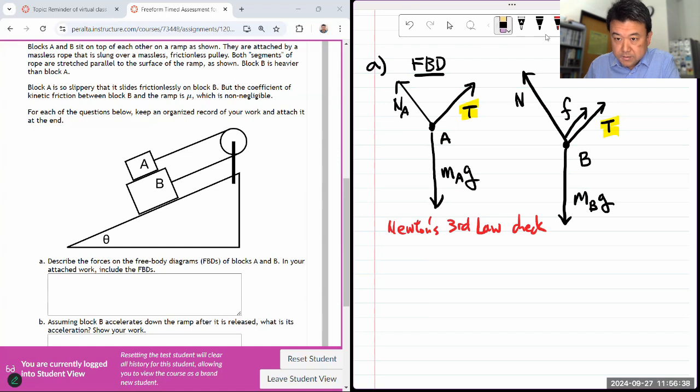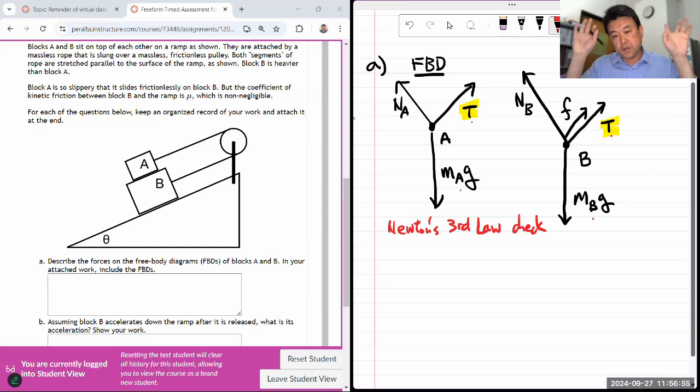I mislabeled this. This should be NB. So this is an external force from Earth. External force from Earth. This is a little bit harder, but it's a force from the pulley. So this is external. So it's fine that there's no equal and opposite reaction force for either of these tension forces. The reaction force will be on the pulley.